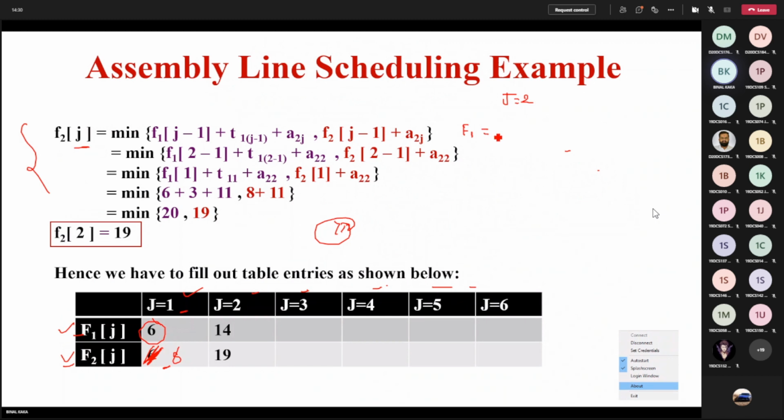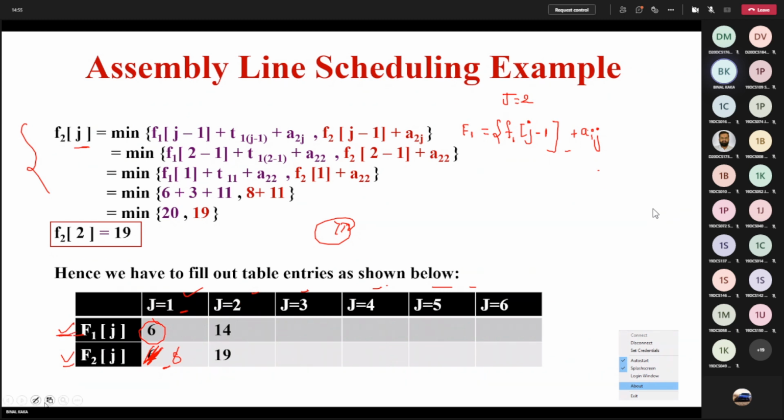f1 is equal to minimum of f1 of j minus 1, this one, plus a of 1 j. What is a of 1 j? i is equal to 1, and what is j? It is 2. So a of 1 2.